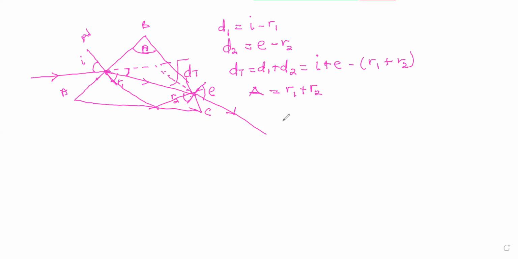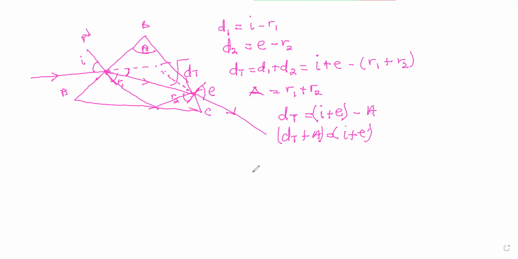By this, we finally saw that the total deviation within the prism must be equal to I plus E minus A, or total deviation plus A is also equal to I plus E. We are just reviewing whatever we saw last time, okay? It's not a proof of it, but because we've gone through it before, I'm just reviewing it with us.